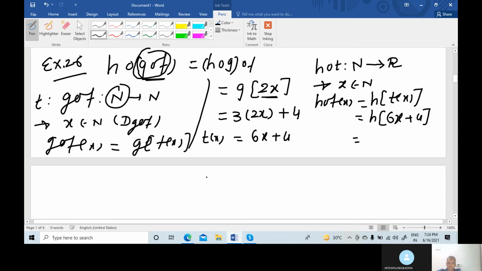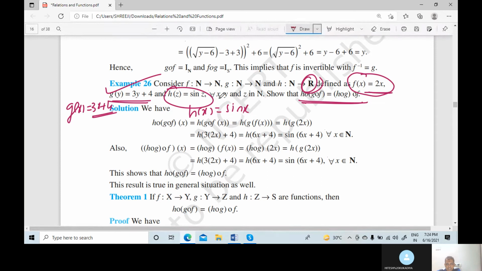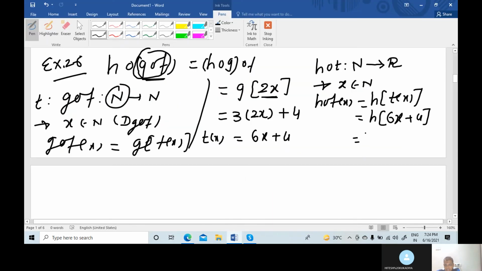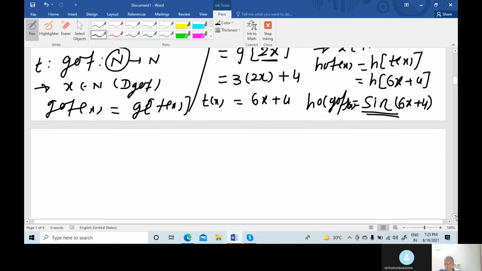Now for the function h, h(x) is sin x. Put in place of x the expression 6x + 4. This is your (h∘t)(x), otherwise (h∘(g∘f))(x). Clear, student?